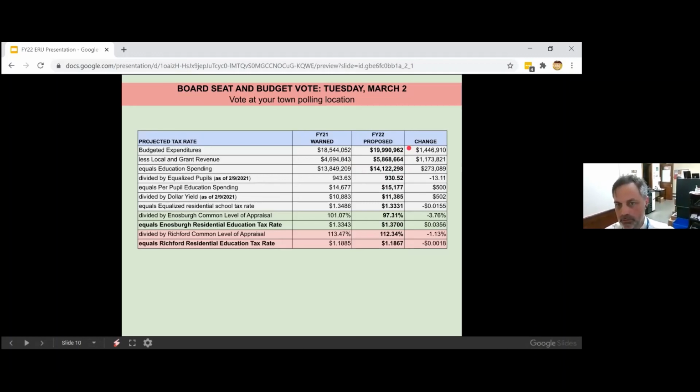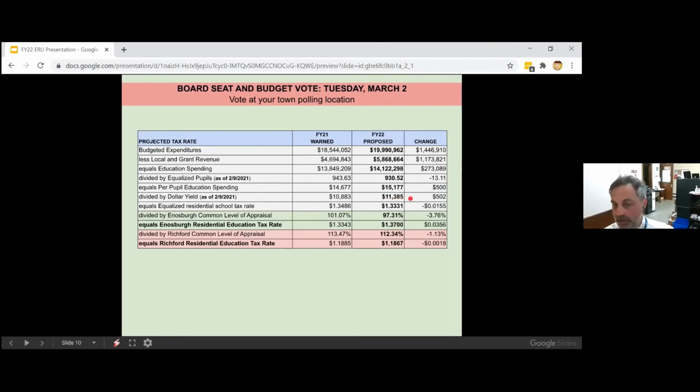That's really the only solid number here. The equalized pupil number is one that moves throughout the spring. We think this is probably as close to final as we're going to see, but it is a little bit lower than the number that was projected when we printed your town books. And so the per pupil ed spending is a little bit different than what you saw in your town books.